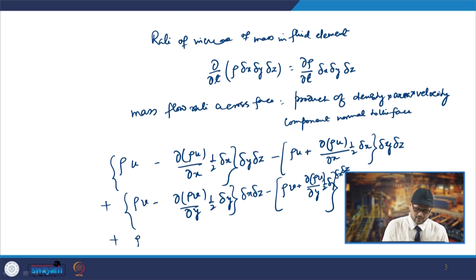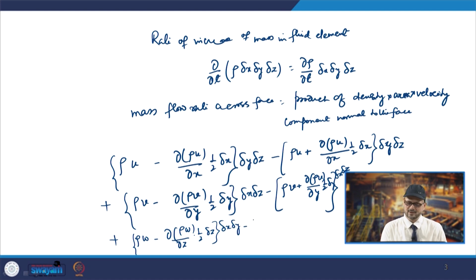So, you will have ρw minus ∂(ρw)/∂z multiplied by half of Δz, multiplied by Δx Δy. Similarly, you have ρw plus ∂(ρw)/∂z times half of Δz, and that will be multiplied by Δx Δy.